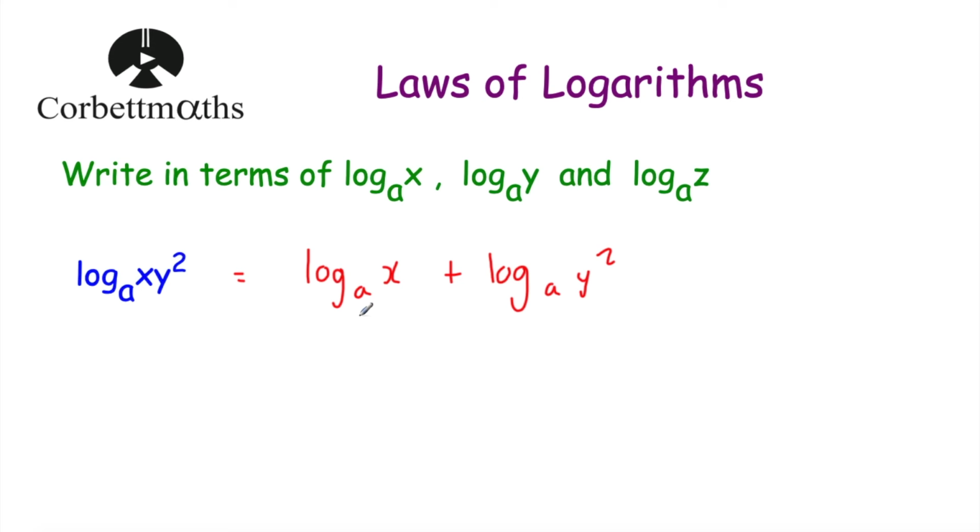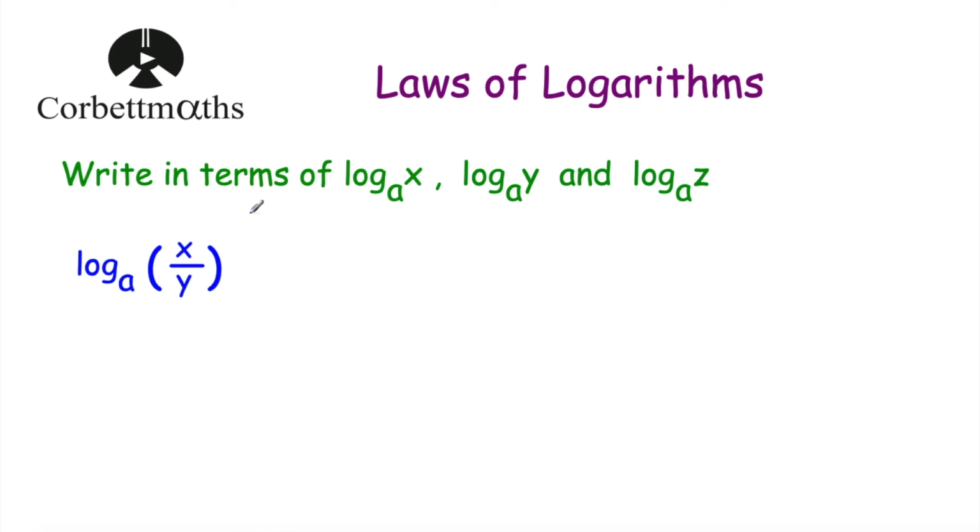Now we've got our log to base a of x, that's fantastic, but here we've got log to base a of y squared. We want it as log to base a of y, so we need to bring this 2 down, because remember, if you've got a power, you can bring it down in front of the log. So it'll be log to base a of x plus, and then bringing that 2 down, 2 log to base a of y. And that's it. So the answer would be log to base a of x plus 2 log to base a of y. Okay, let's look at our next one.